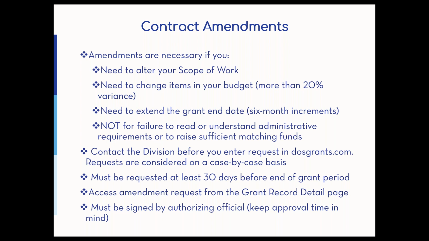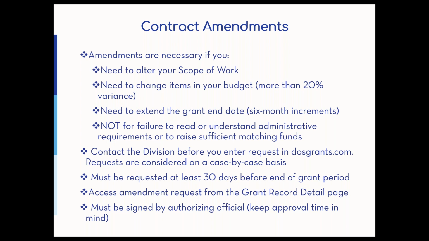Okay, you may need to do an amendment. So you may find that costs went up and you aren't able to complete all of the items in your scope of work. So you're going to have to update your budget and alter your scope of work. You may need to extend the grant.